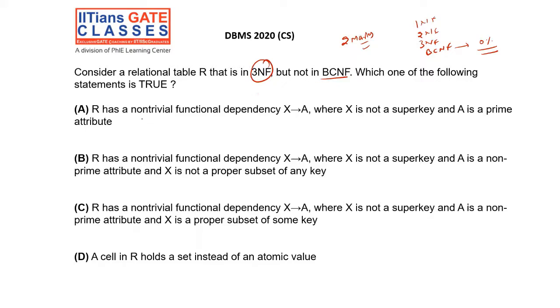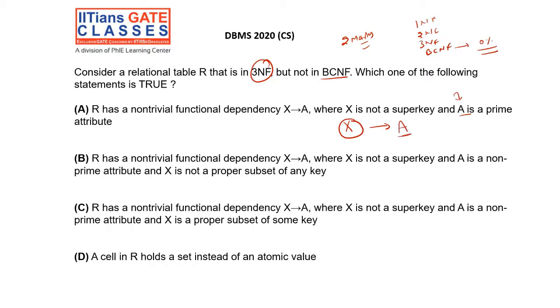So which line represents this statement? R has a non-trivial functional dependency X implies A, where X is not a super key and A is a prime attribute. So X is not a super key. It means this X on the left hand side is not a super key, so it may be a prime attribute or maybe a non-prime attribute. But if you see on the right hand side, they mention A is a prime attribute.